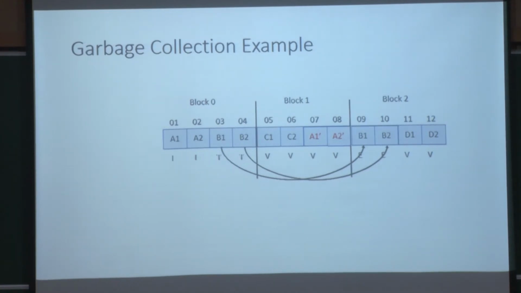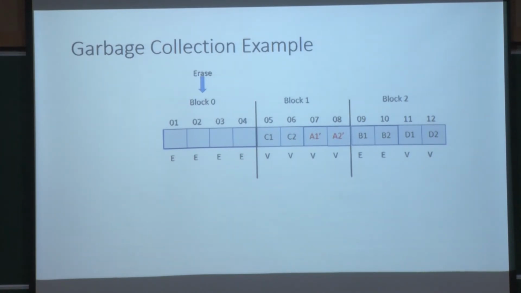So if I do that, then these 4 pages over here in block 0 are now all invalid, which essentially means I can actually erase all the data over there, right? So if I erase all the data over there, I can now erase block 0, and essentially now I have all these 4 blocks which are ready to be written in block 0, right?